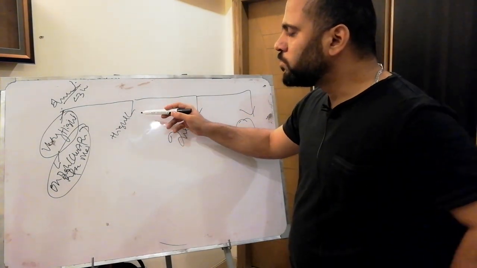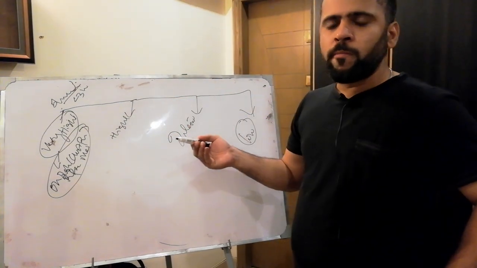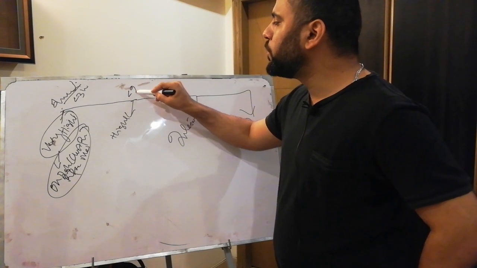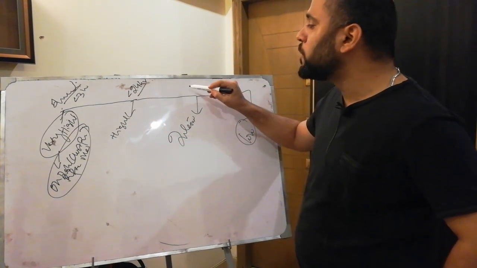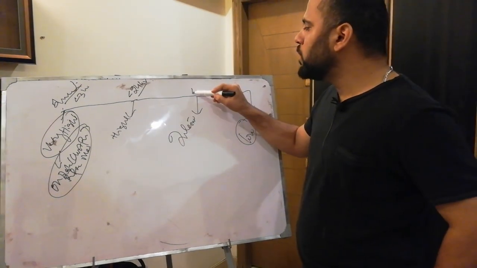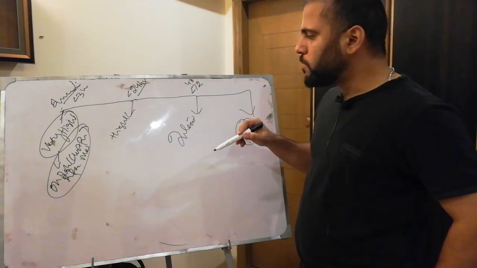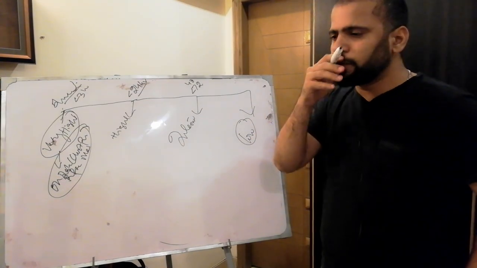And for high risk, these are the patients who should go to the cath lab within 24 hours, and these are the intermediate patients who should be done within 72 hours, 48 to 72 hours. And these are the low risk patients.